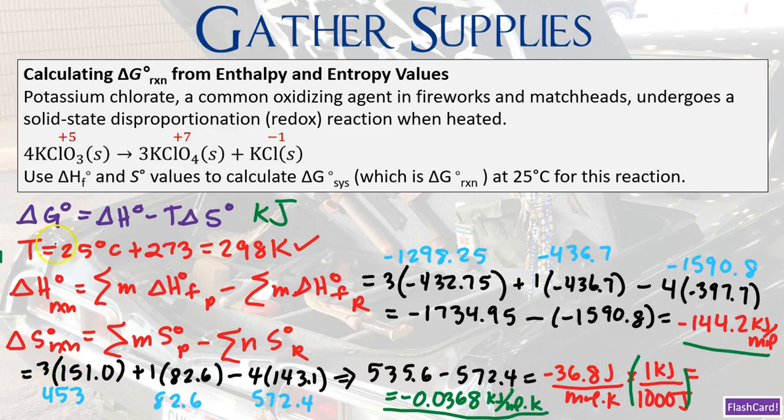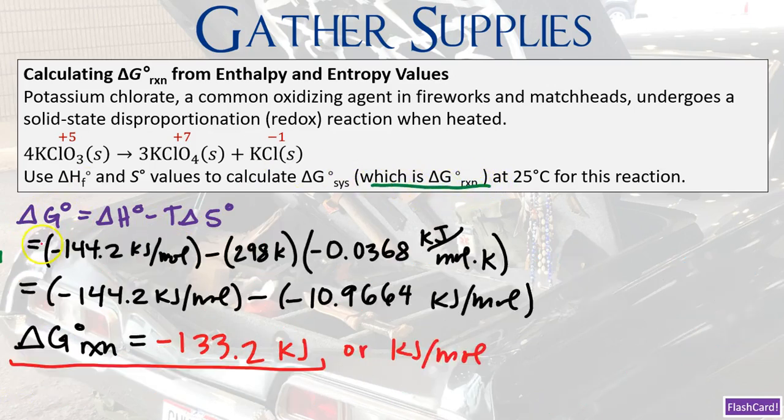So I have my temperature value, my delta H naught of the reaction, and my delta S naught of the reaction. I can plug my values in to solve for what the question wants, which is delta G naught of the reaction. My delta H naught is negative 144.2 kilojoules per mole. I'm going to subtract my temperature, 298 Kelvin, multiplied by my delta S naught of the reaction, negative 0.0368 kilojoules per mole Kelvin.